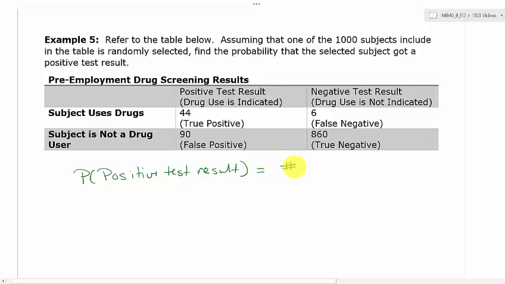This is going to be the number of positive test results divided by the total number of subjects.